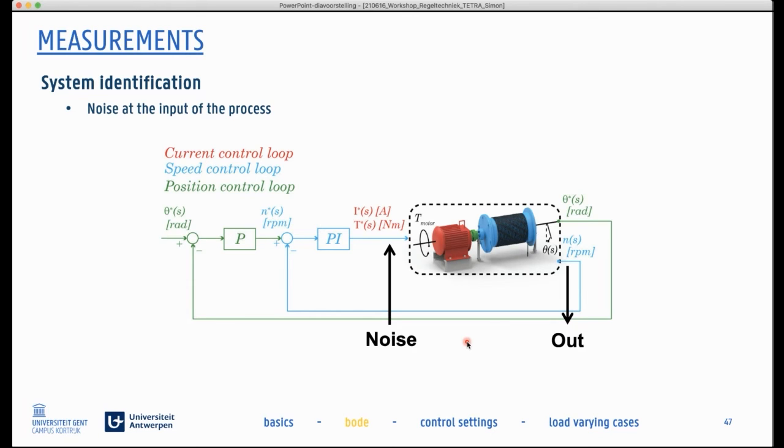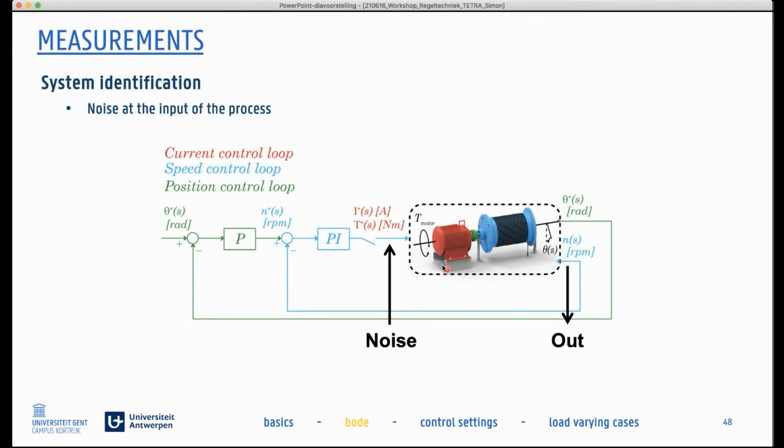Because you can also apply these techniques on any system. It's very probable that on a temperature control system or a flow control system, you don't have a drive which has the capabilities of constructing a Bode characteristic. In that case you need to provide high frequency noise yourself and measure the output, but with the two signals you can put them in our script, and you get the Bode characteristic.